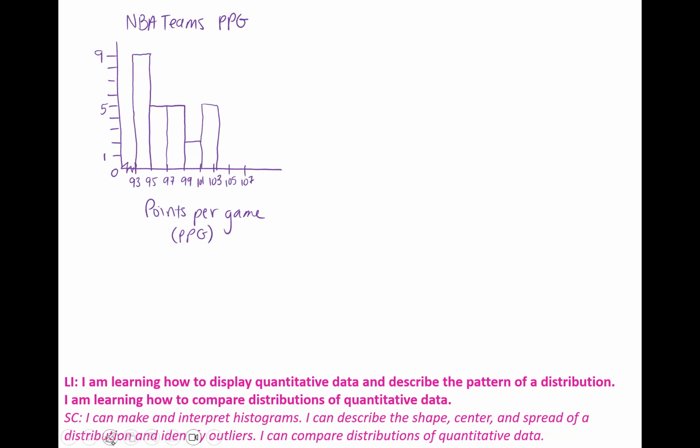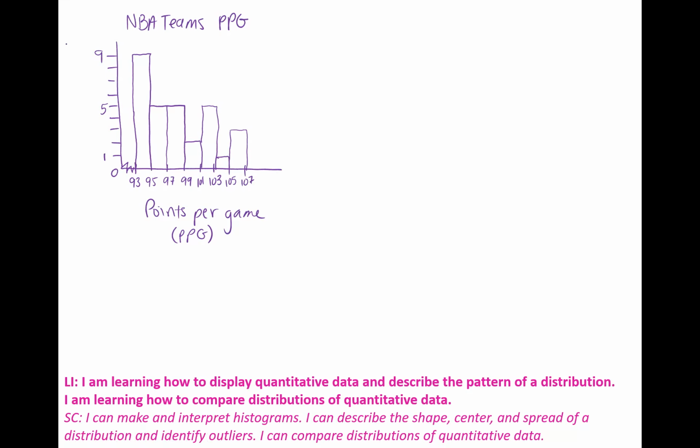Well, that one was terrible. Sorry, I got to redo it. One more try. Okay, well, we're just going to live with it. 5 and 1 and 3. So something like that. And that would be our frequency version.